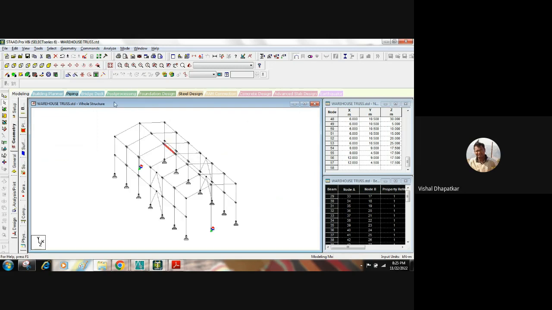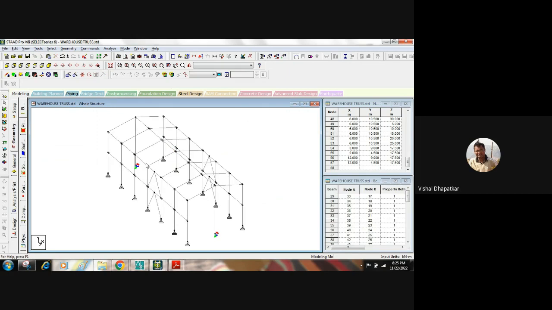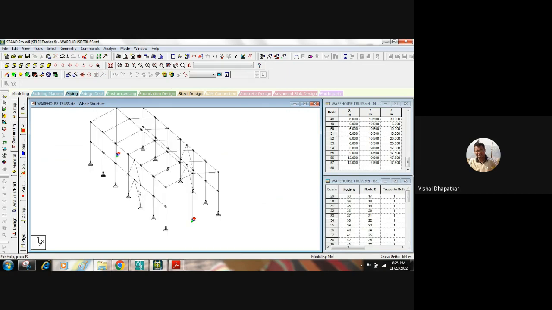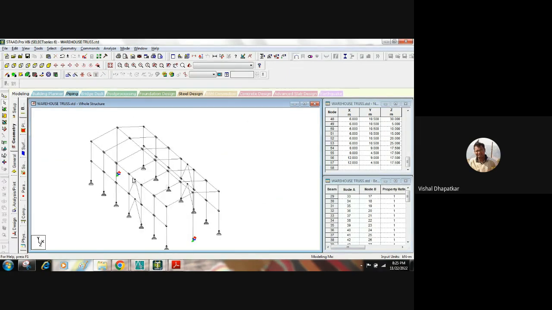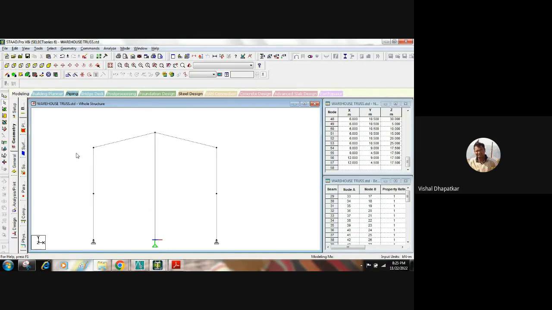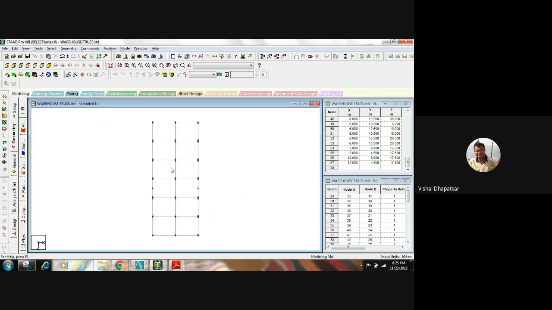In the web, we never do the moment connection. So this is the basic geometry. Now we have to add some bracing for this rafter. In order to break its length, we have to add some bracing. So we'll add a bracing in this way only.